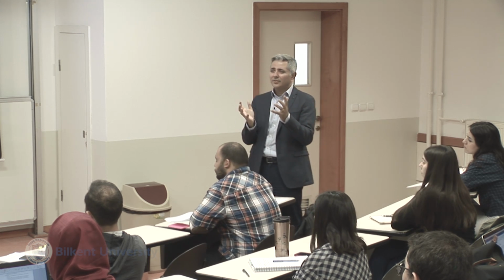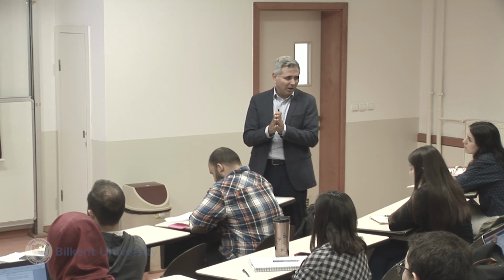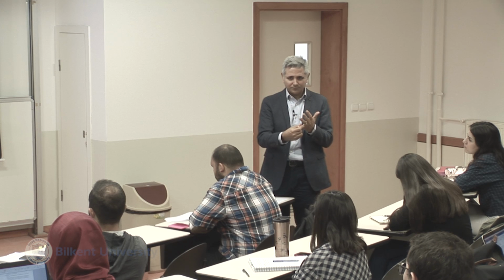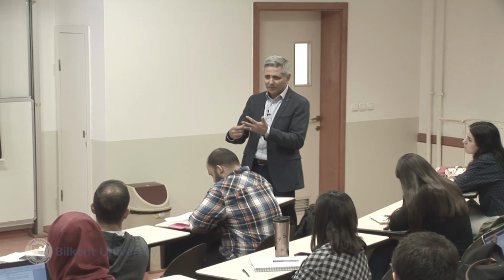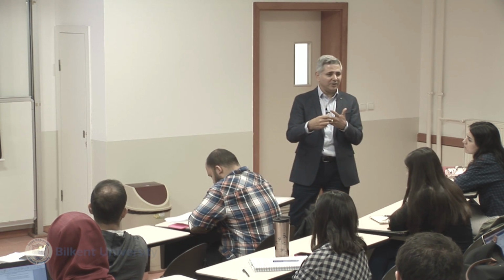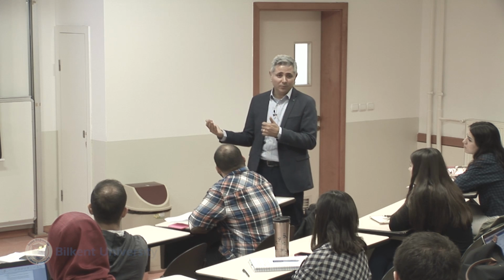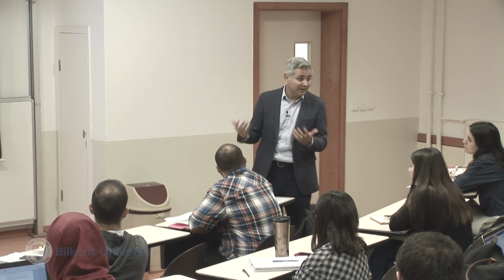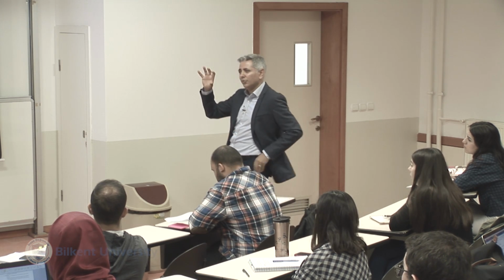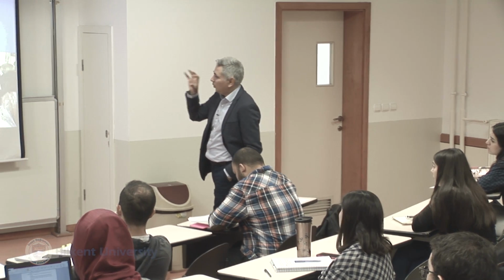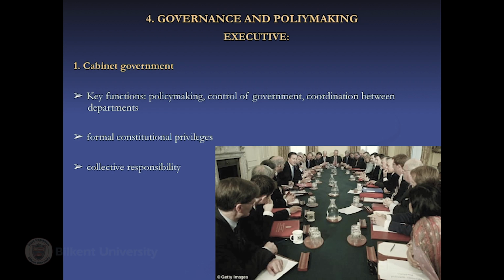Among these ministers, we've got the prime minister as the head of the core executive. And in general, the most powerful ministries are the Foreign Office, the Home Office, and the Chancellor of the Exchequer, which basically stands for the Ministry of Finance. Okay, so core powers with formal constitutional privileges. Once again, the cabinet is collectively responsible in the sense that they are collectively answerable to the parliament.